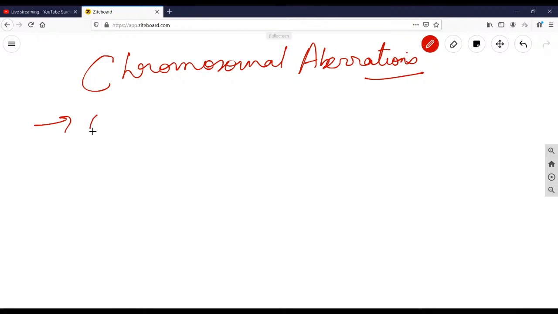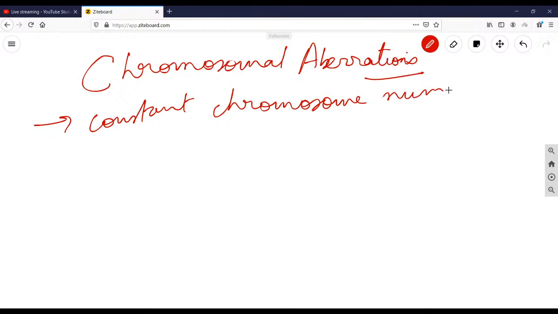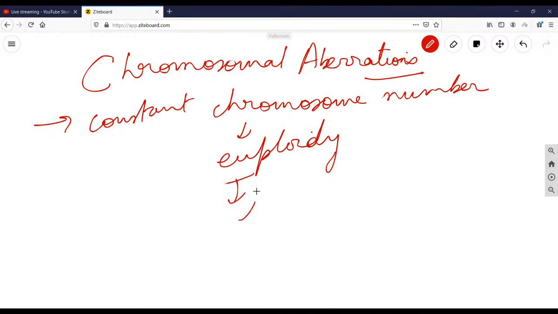When you have a constant chromosome number, which is specific for a given species, that is known as euploidy. Ploidy means number, eu means true.